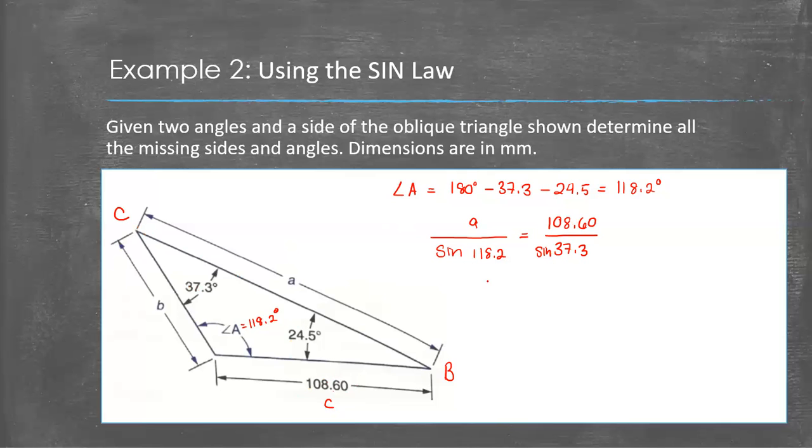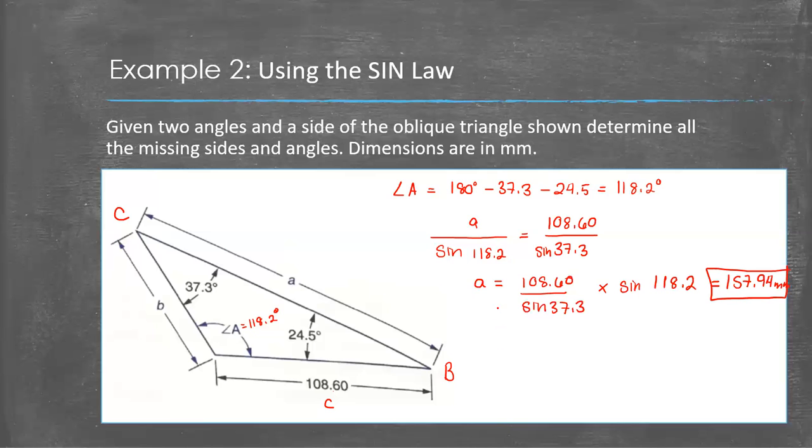If you rearrange that, and I'm going to let you do the rearranging this time, you will find A is equal to 108.60 divided by the sine of 37.3 times sine of 118.2 gives us a length of 157.94 millimeters.